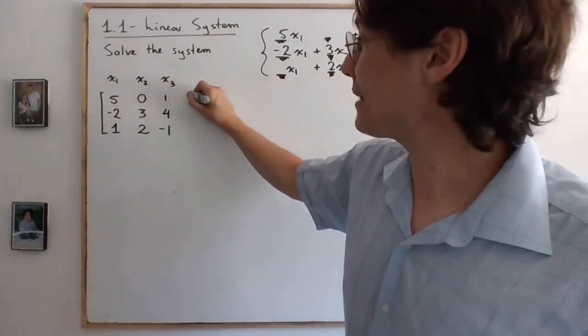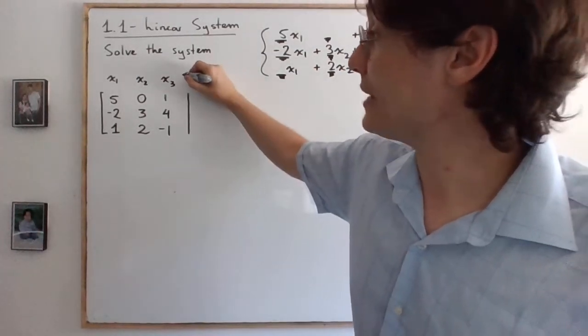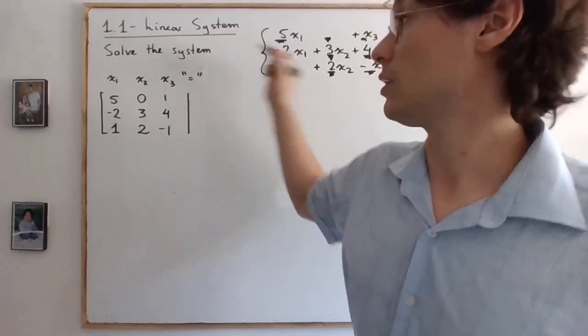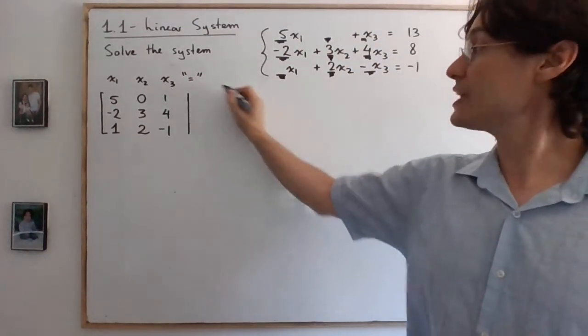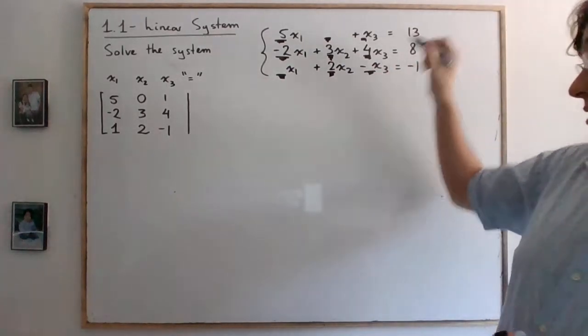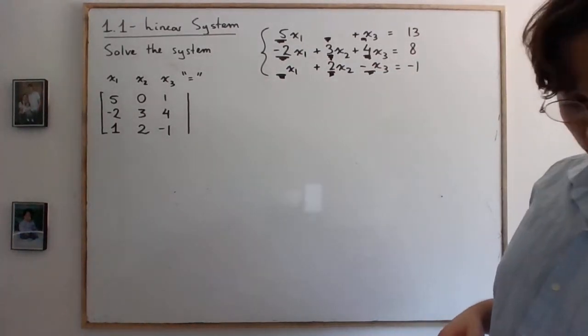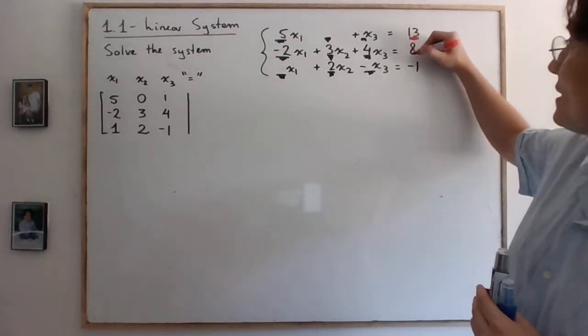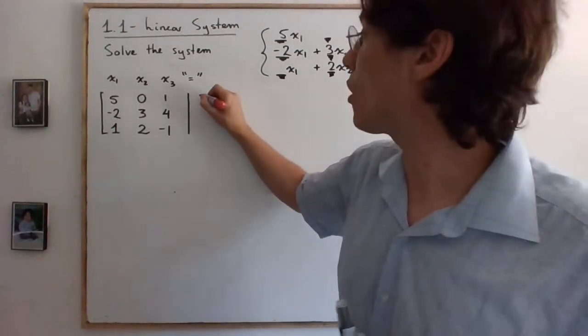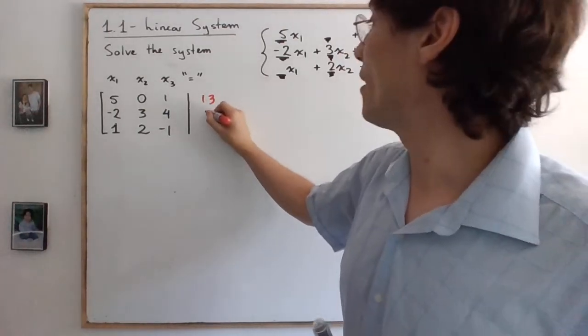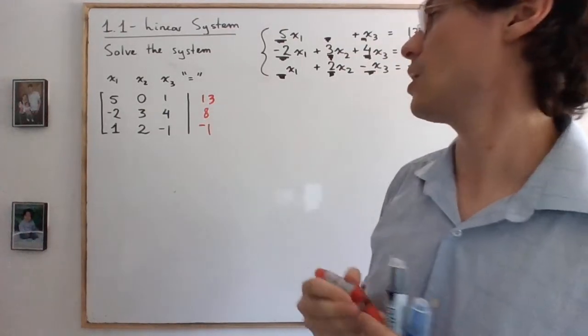Now remember that this line represents equal, right? So we are putting the constants here. So in other words, the 13, the 8, and the -1 go on the other side of that line.